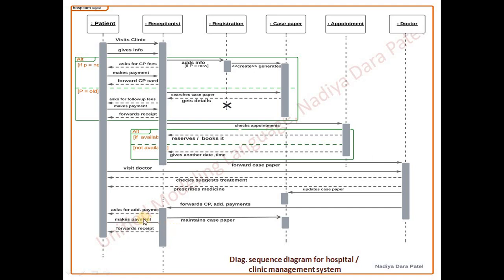So if he has called him within the period of case paper, this will be an iteration. So he will come back, he will follow all the procedures, or you can put everything in a loop. If you think it is not necessary, then just leave it as it is.